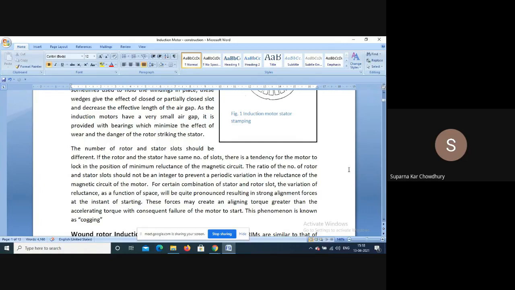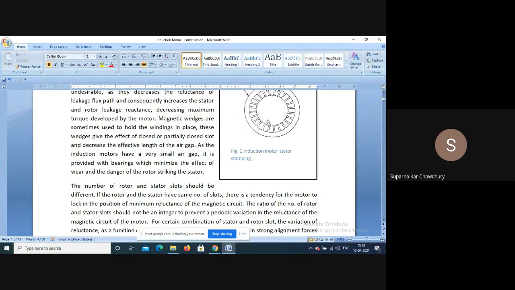Now, there is a limitation on the slot combination of the stator and the rotor, because if we have the same number of slots in the rotor and the stator, since the induction motor has a very small air gap, less than 1 millimeter, for a smaller motor something around 0.3 to 0.4 millimeter, the rotor will have a tendency to get locked in a position where the reluctance is minimum.